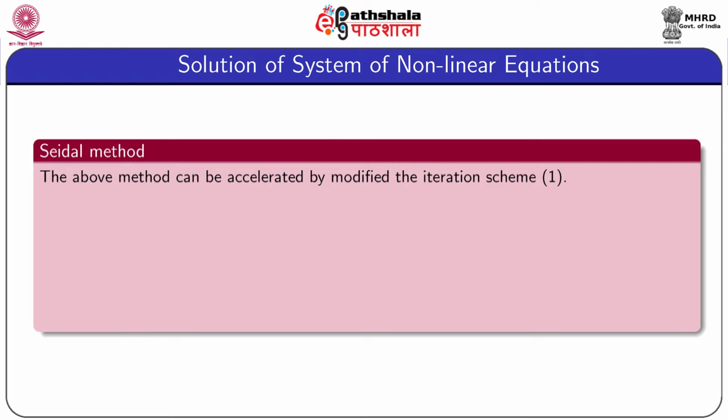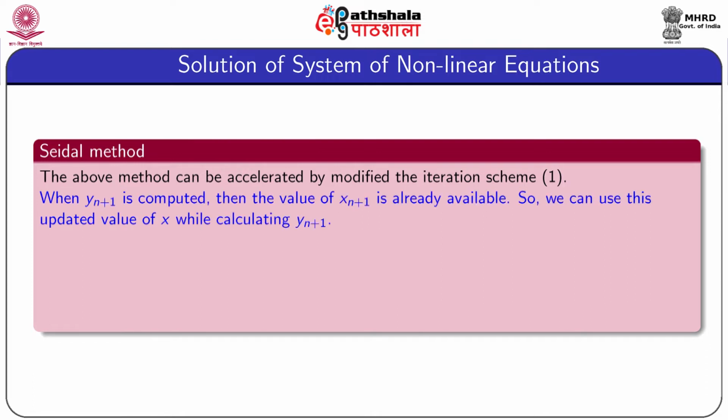Now, the above method can be accelerated by a minor modification of the previous iteration scheme 1. We can consider a new iteration scheme. When yn plus 1 is computed, the value of xn plus 1 is already available. So, we can use this updated value of x to calculate the value of yn plus 1.